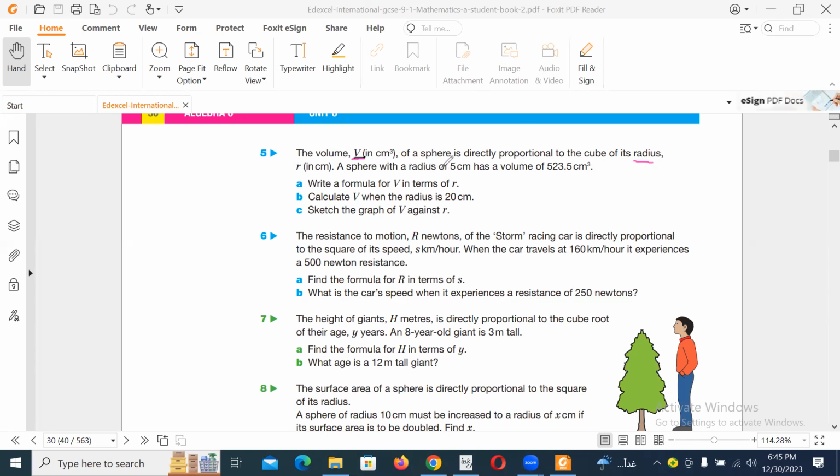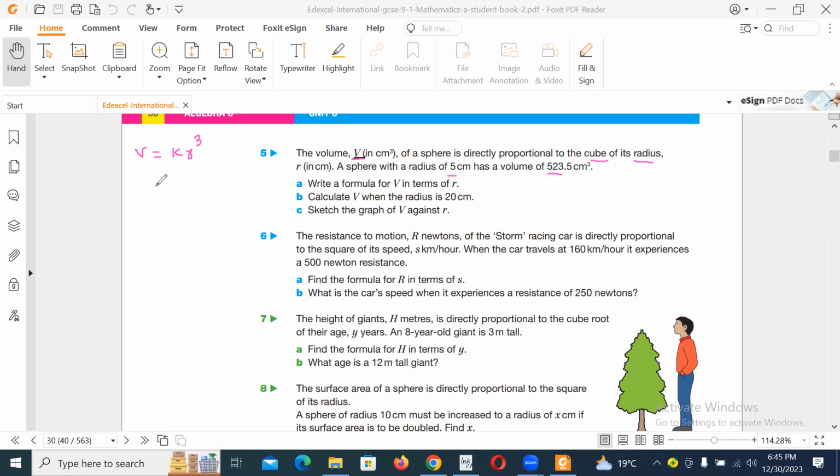They say V is directly proportional, or varies, to the cube of its radius, means r power 3. Fine. And then a sphere with radius 5 has a volume 523.5 centimeter cube.